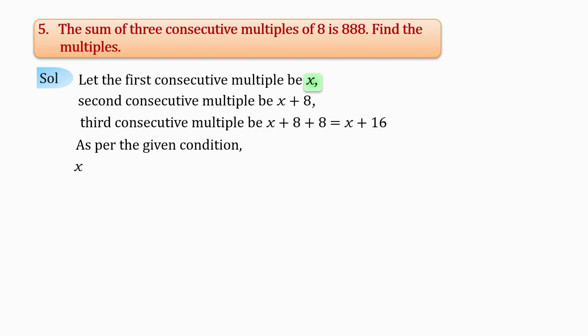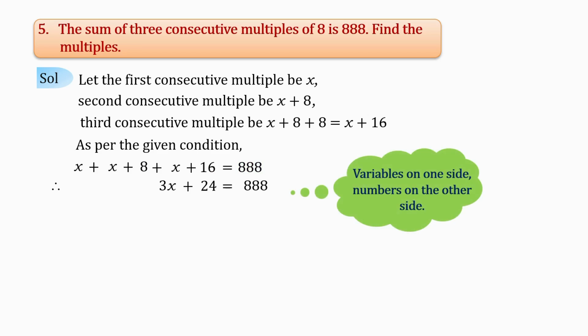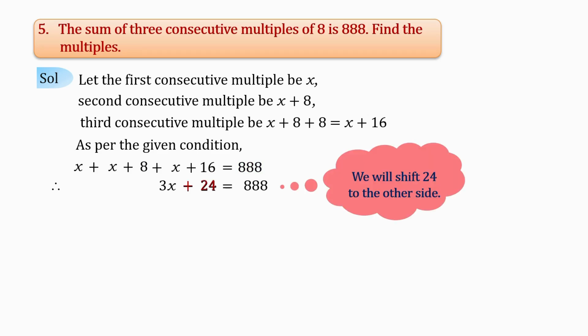Now if we add these three consecutive numbers, that gives us 888. Now we'll gather the x part together and the numbers together and find the x value.